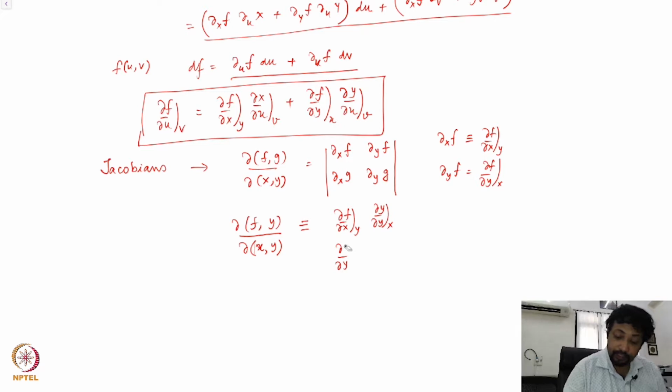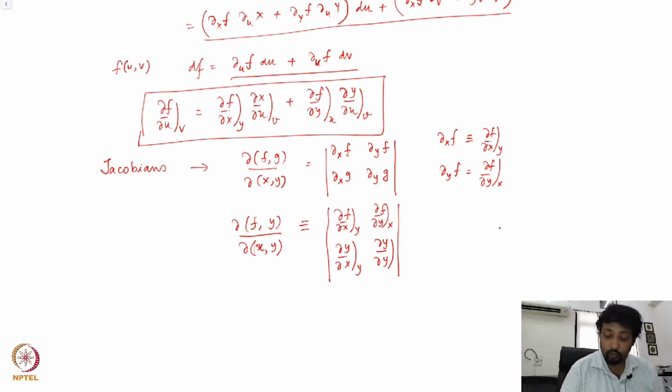I'm sorry, this has to be del y, del x, y held constant, and this is going to be again del y, and this one has to be del f, del y, so that I am replacing g by y.